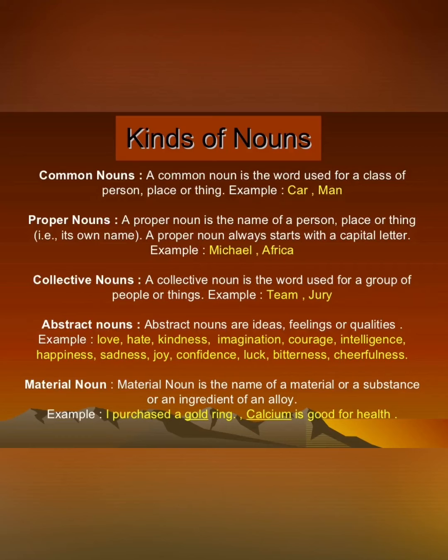Next we have compound nouns. Two or more words that create a noun. They can be written as one word, joined by a hyphen, or written as separate words, and are called compound nouns. For example, rain plus fall, that is rainfall. Son plus in-law, that is son-in-law.